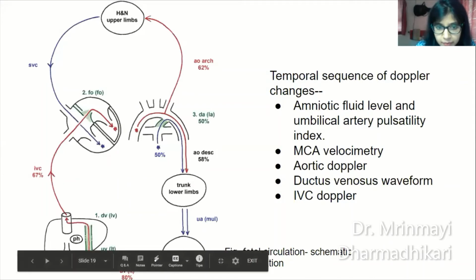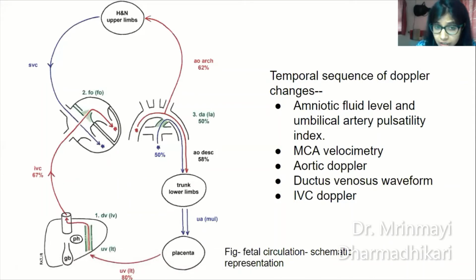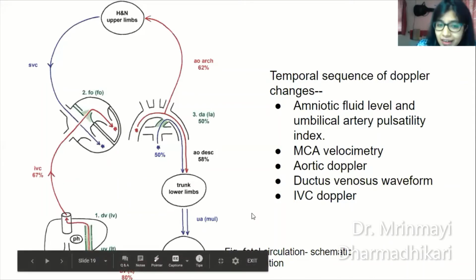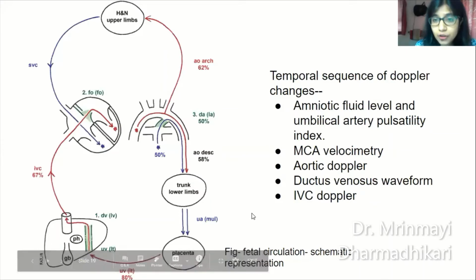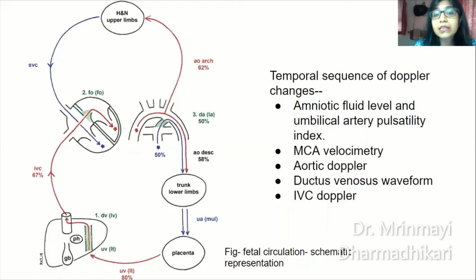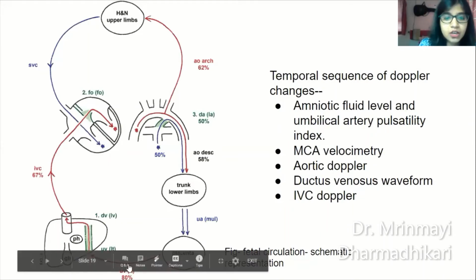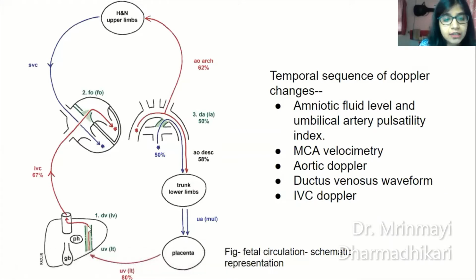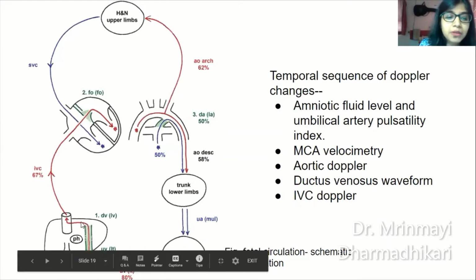So this is a schematic representation of the fetal circulation to make you all better understand how Doppler changes take place in cases of IUGR with increase in the placental resistance. Quickly revising: placenta, umbilical vein carries oxygenated blood to the fetus. Oxygenated blood from umbilical vein is diverted to the inferior vena cava by the ductus venosus.